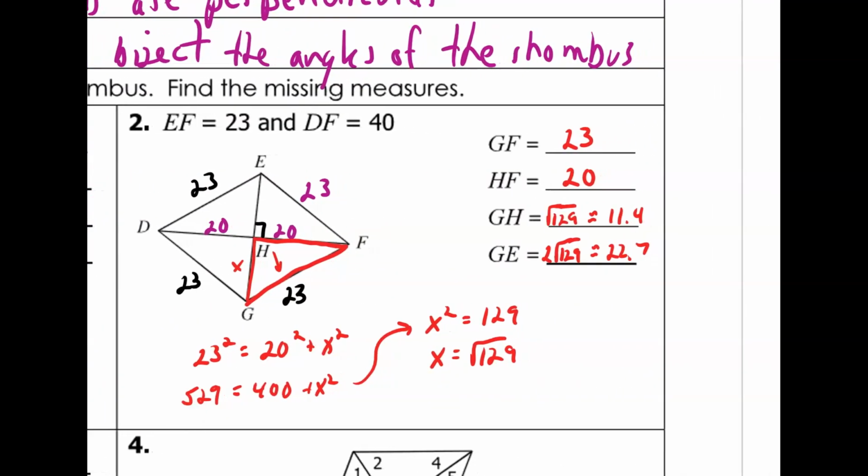All right. Now, just a little bit of a detail, I did throw in the approximation on this. So when we found GH, square root of 129, I put that in the calculator, and I found 11.4. Now, if you look at GE, which is the whole diagonal, notice that that's not twice 11.4. Well, I'm just choosing to be more accurate, and instead of rounding from my calculator, the calculator doesn't really say 11.4.